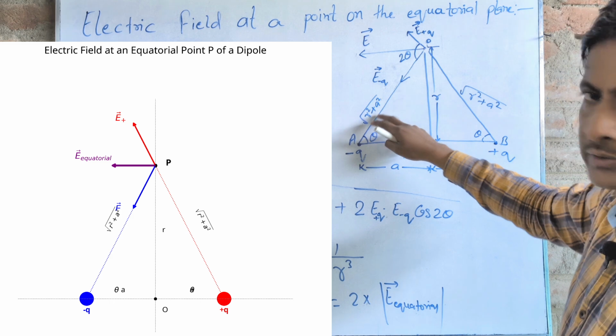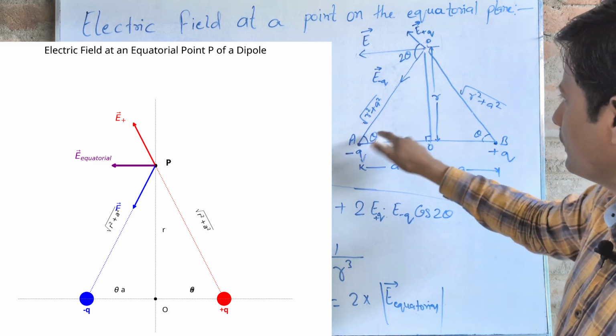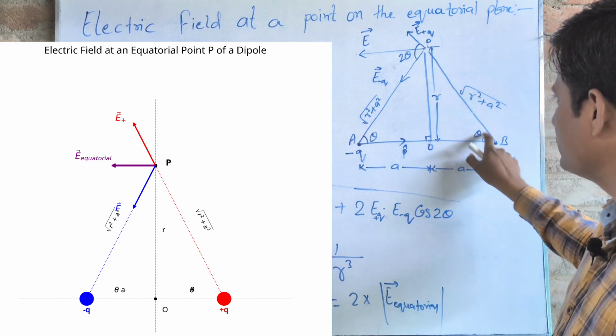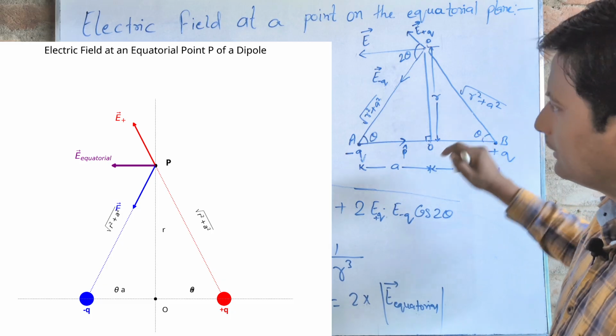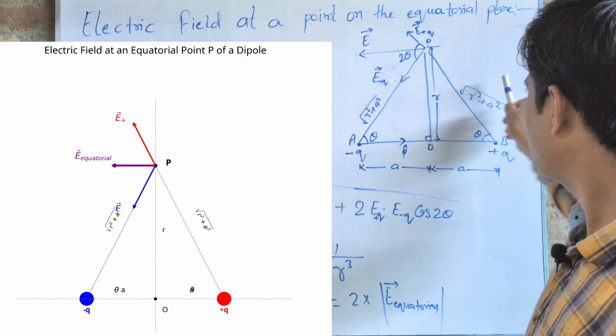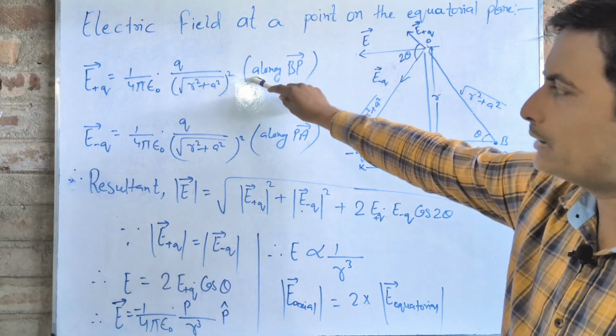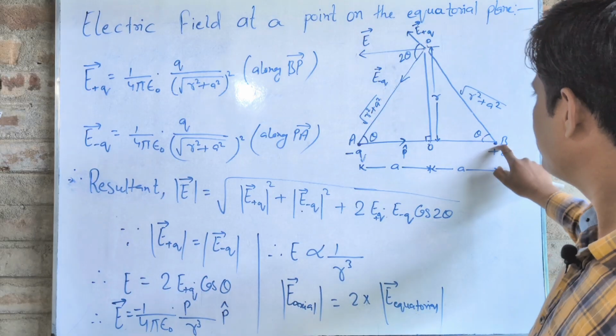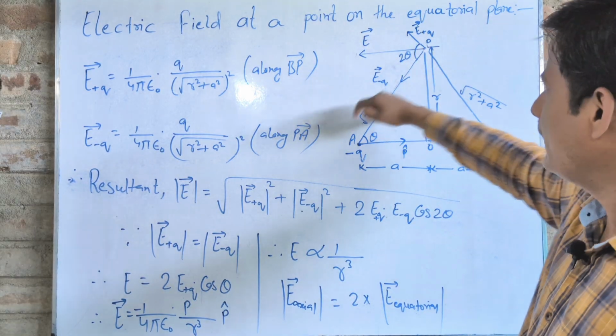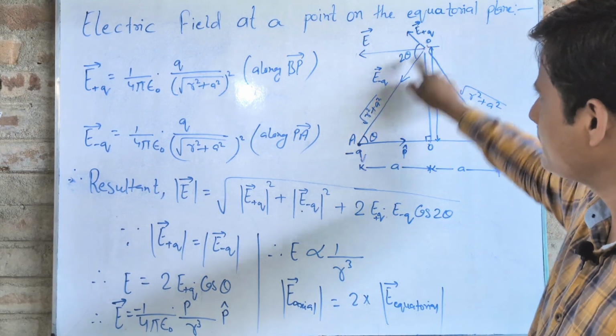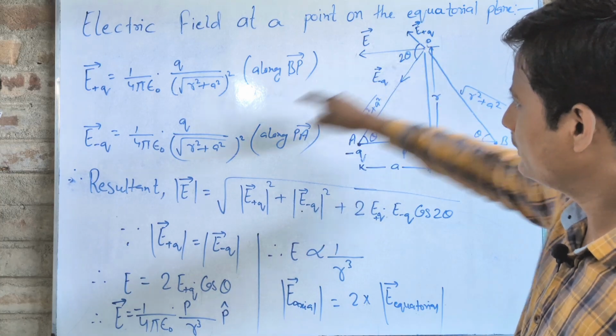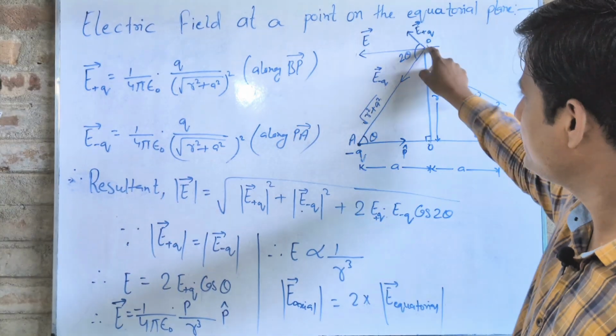This is an isosceles triangle, so if this angle is theta, this angle will also be theta. The electric field at point P due to the plus q charge will be this value, and its direction is from B to P along BP, and the electric field at point P due to the minus q charge will be this value, and its direction is along P to A.